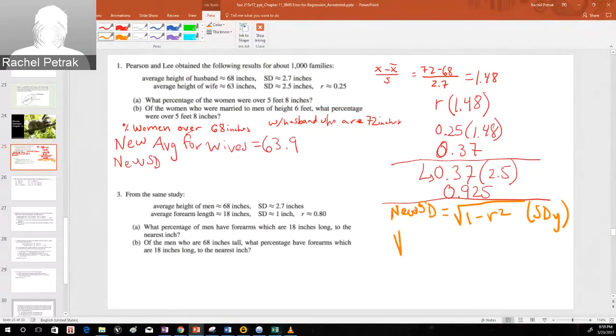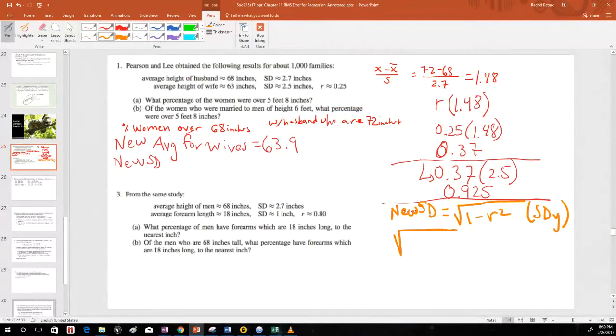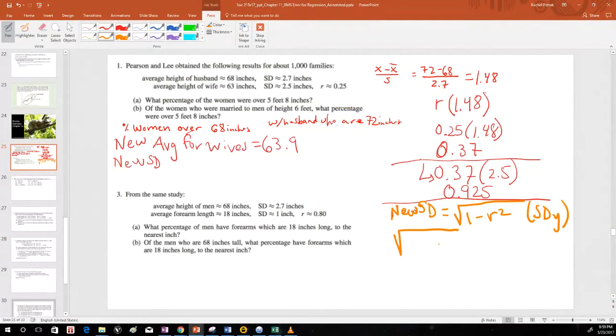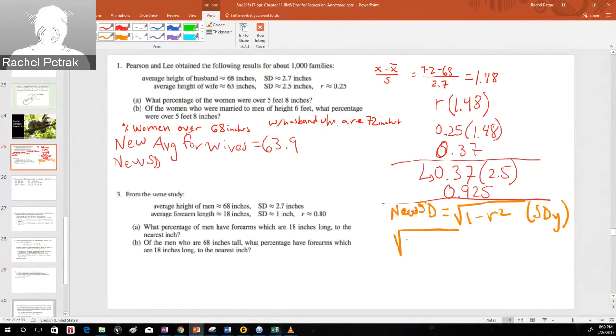We found this proof before, but I'll present the formula here and then we'll plug in the number, times our standard deviation of y, remembering that wives are the y.